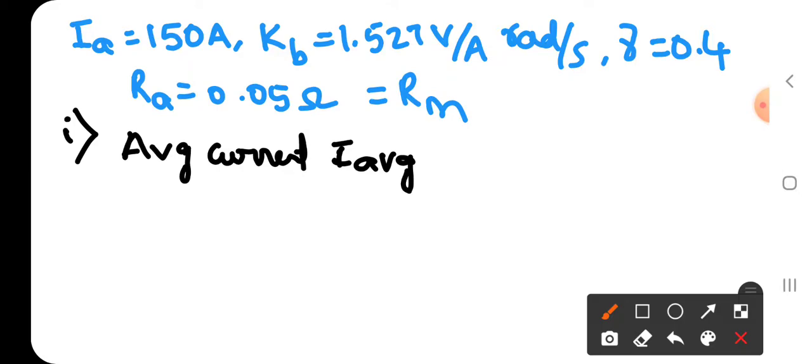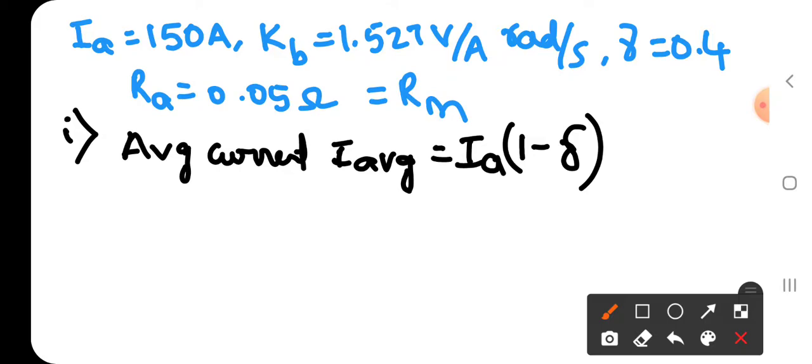When the braking resistance is connected, how much current passes through the chopper is given by I average equal to IA into 1 minus gamma.